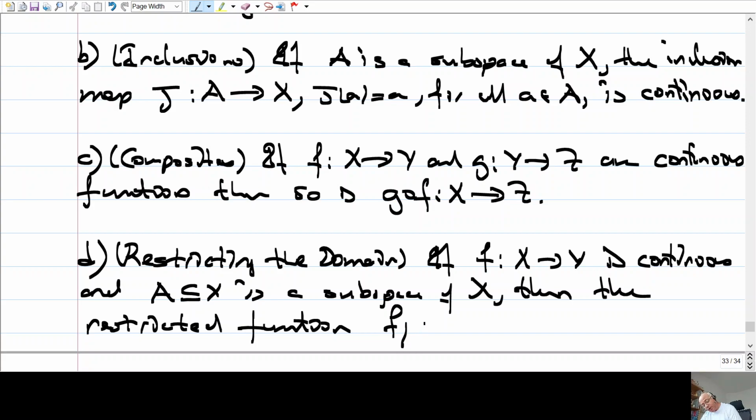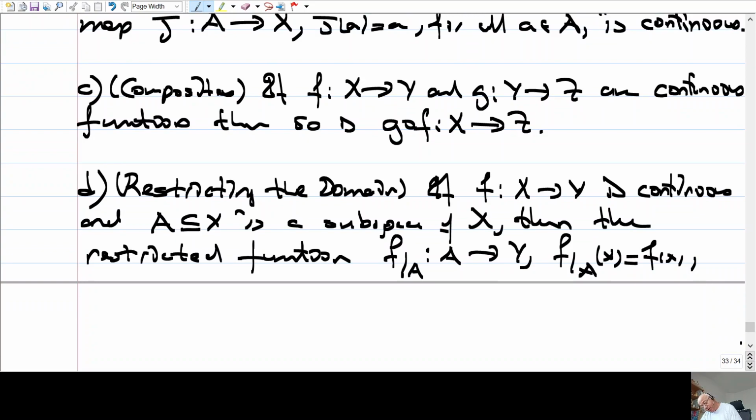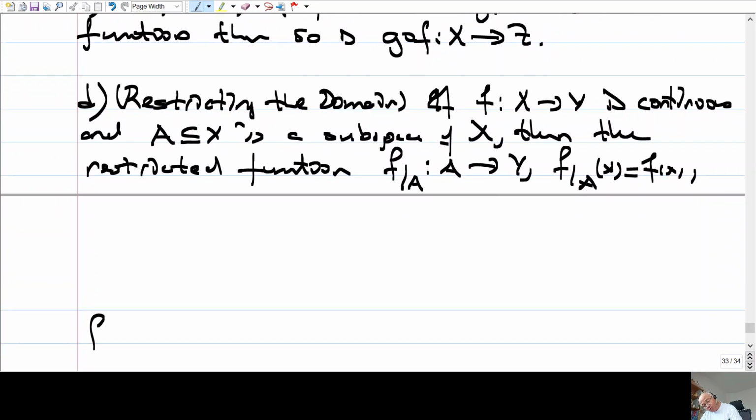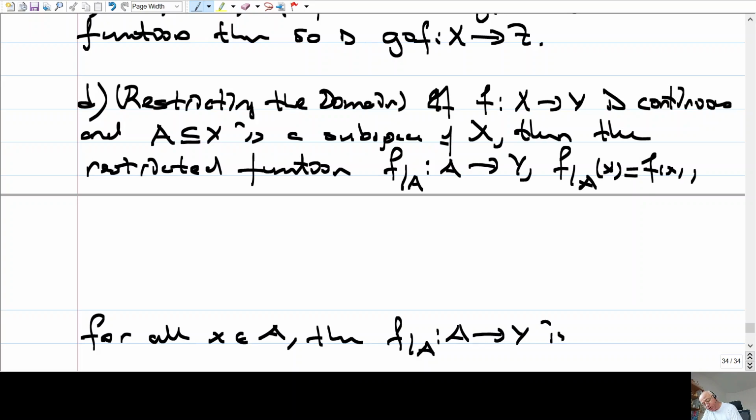We denote it this way, from A into Y. How is it defined? Well, it is defined the same way as f is, for all x in A. We only restrict the domain of f to the subspace A. Then this new function from A to Y is continuous.